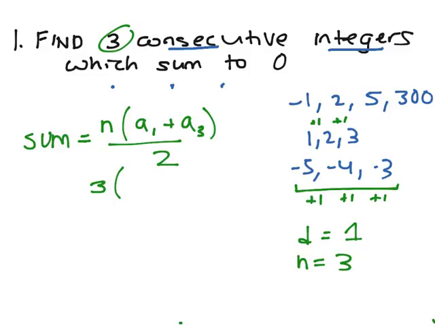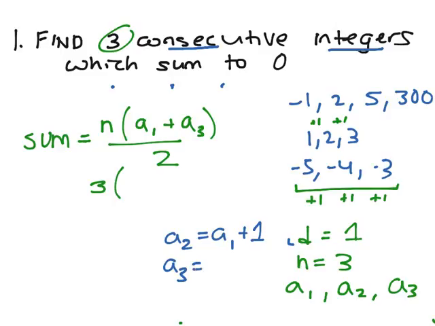Now, a1 and a3. a3 will be the third term in the sequence. So if we have a sequence of a1, a2, and a3, a2 will be a1 plus d, or since we found that d is 1, a1 plus 1, and a3 is then a2 plus 1.